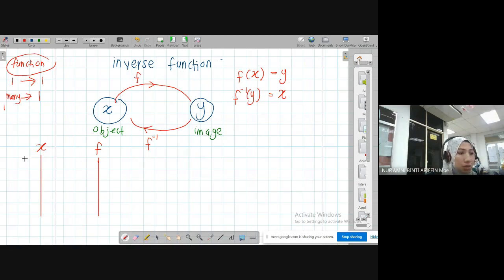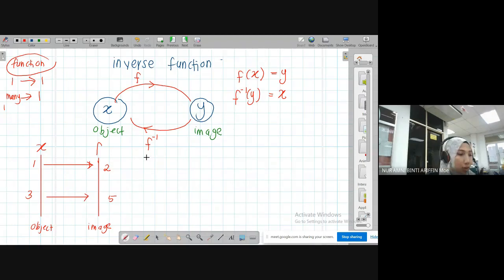Here I put x, which is object, and this is image. I put here 1, 2, and then 3, 5. So for 1, the image is 2, and for 3, the image is 5.